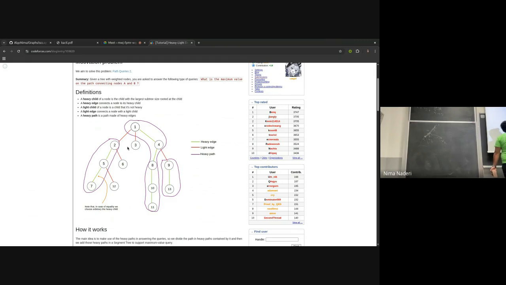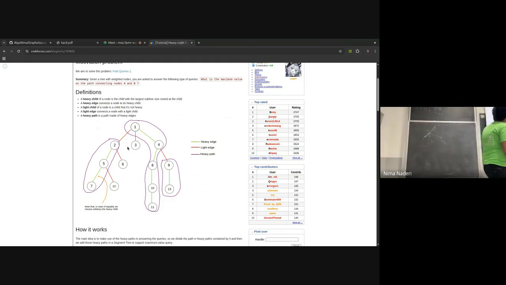So each time you move to the other path, you are at least multiplying the number of nodes in your subtree by 2. At most you have n vertices in the subtree, so at most log n times you change the color. This is really beautiful, and really strong.